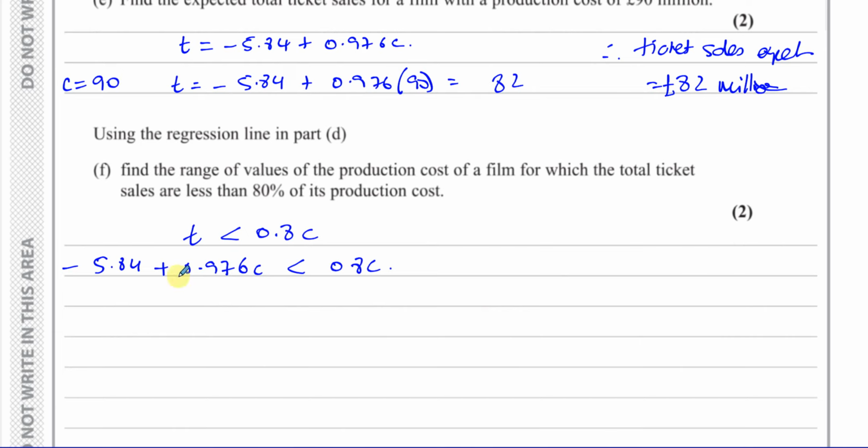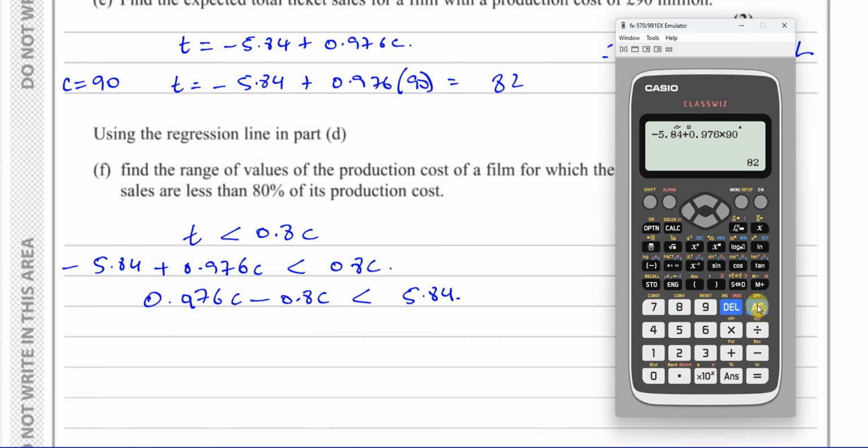So let's subtract 0.8C from both sides. So 0.976C minus 0.8C is less than 5.84. Let's do that first. 0.976 minus 0.8 equals 0.176.